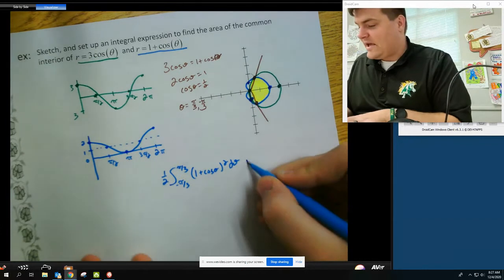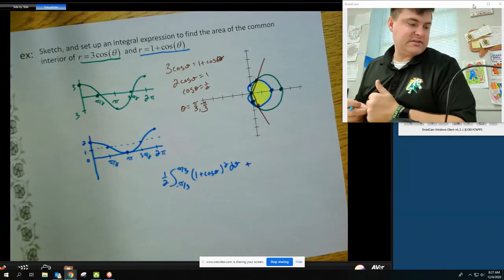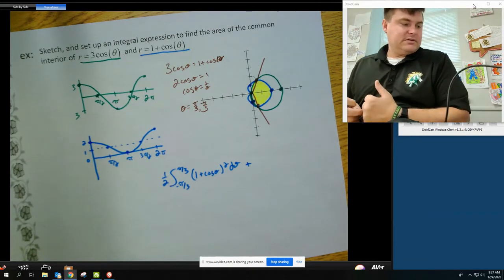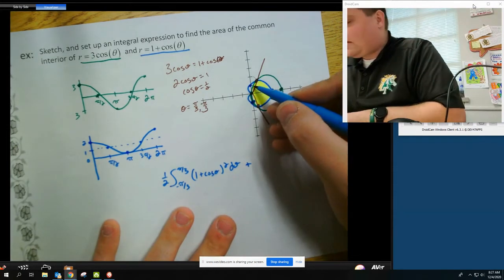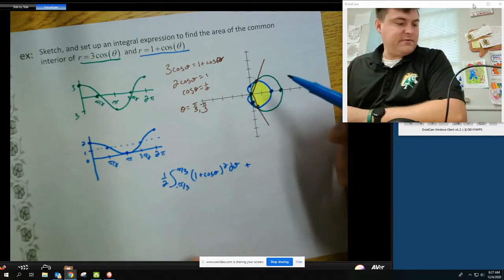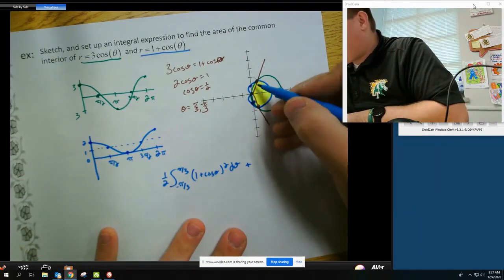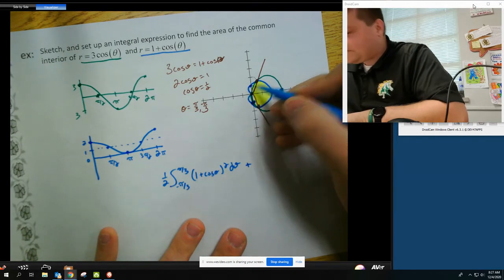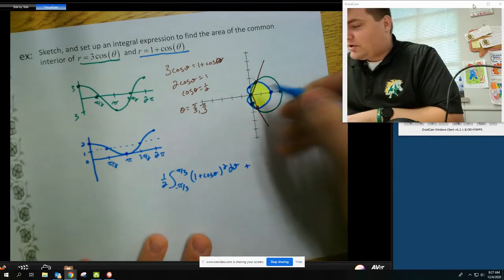I'm going to need to add something else. Let's talk about these slivers and how we're going to find them. For this sliver right here, I'm accounting for the green one. So I'm going to integrate the green from this brown all the way over to the axis, because what's in between the sliver is just the green and the brown.